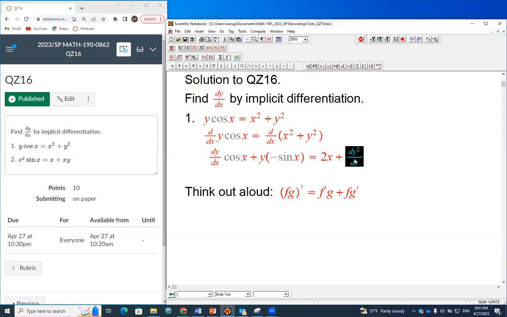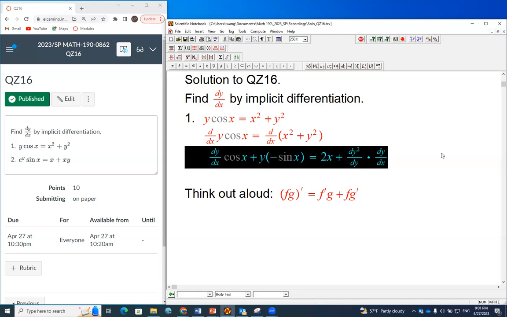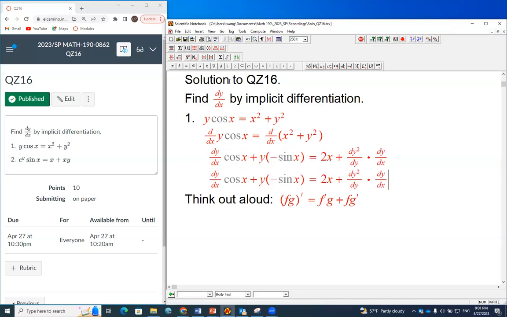And of course, we know we're going to apply chain rule. So we're going to have dy dx, we divide by dy multiply dy. That's essentially what it is. You can also just write this down directly. So this will be 2y dy dx.